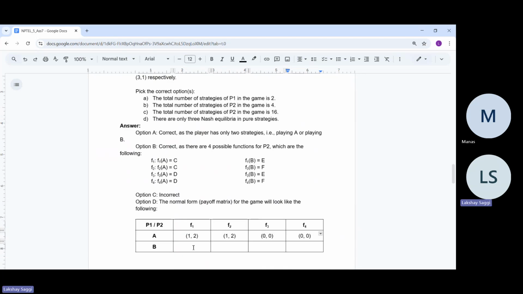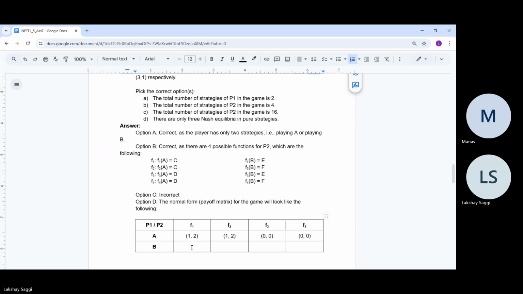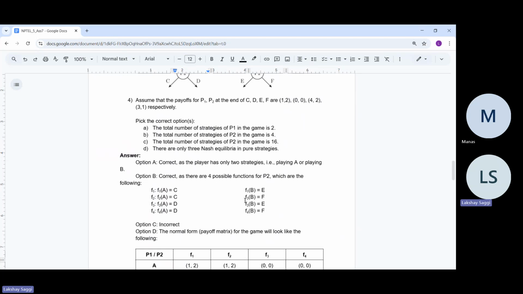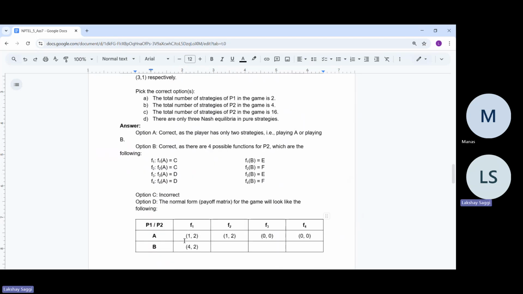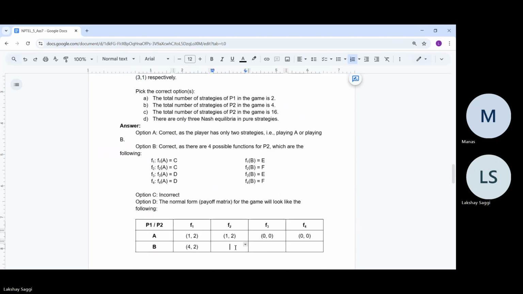Right? And now let's move on to if player one was actually playing B. So if player one was playing B and this was F1, then F1 of B is actually equal to E, and E's payoffs are 4, comma 2. And F2 of B is actually equal to F, and in this F, the payoff is 3, comma 1.